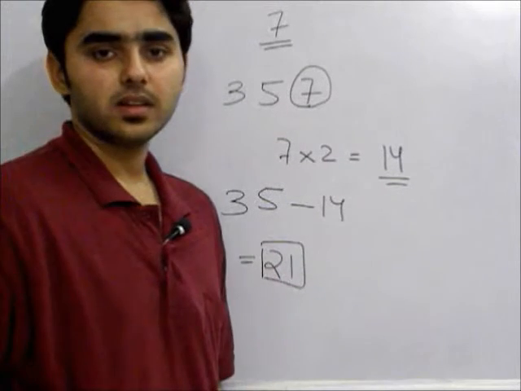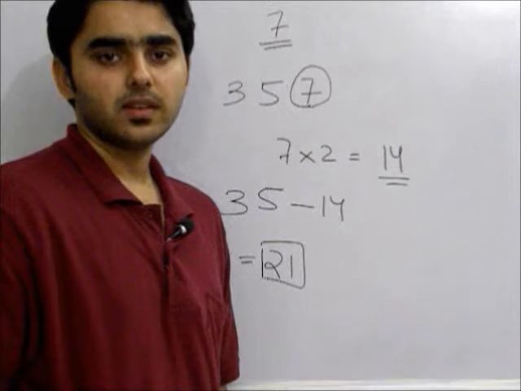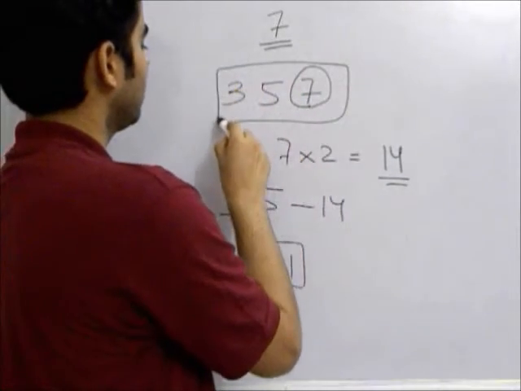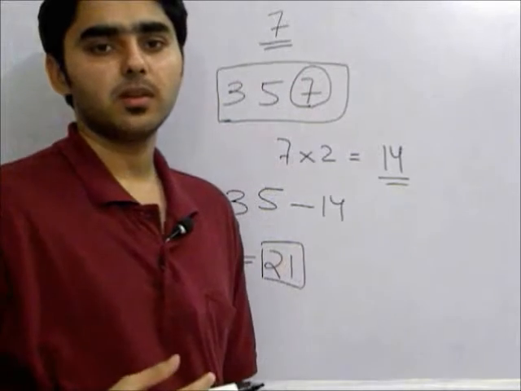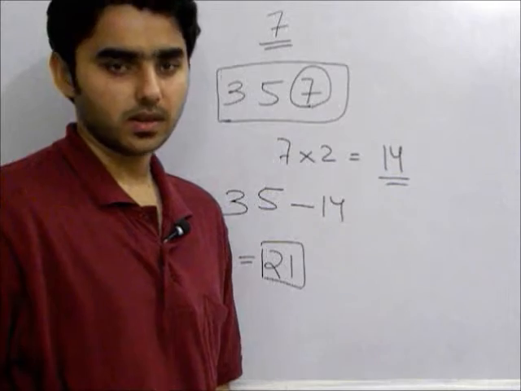Is 21 a multiple of 7? Yes, 7 threes are 21, right? So the whole number is a multiple of 7, or in other words, divisible by 7.